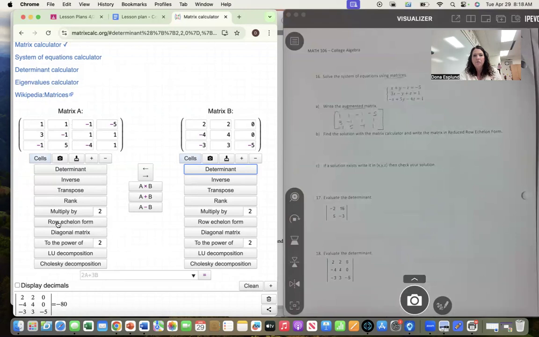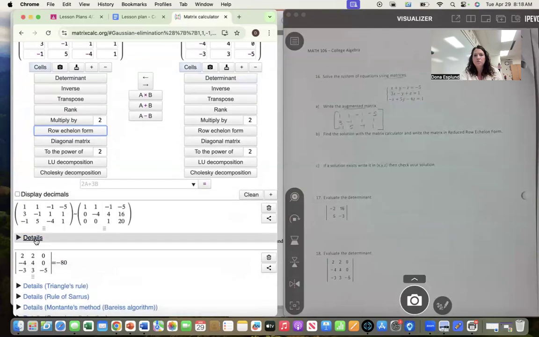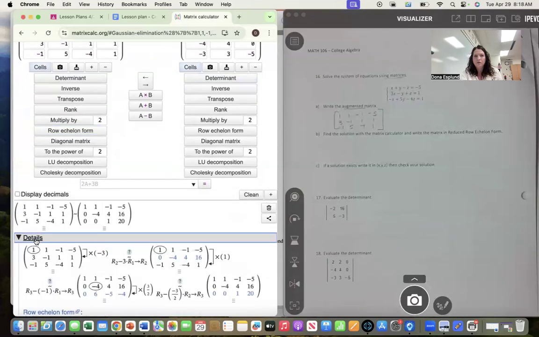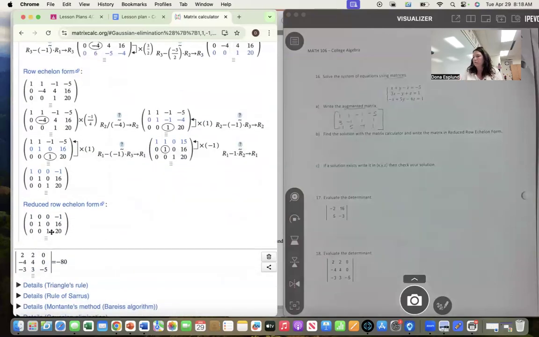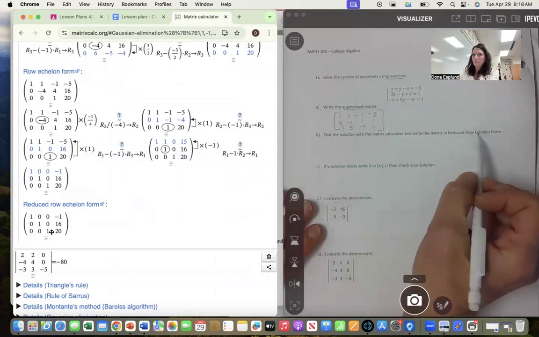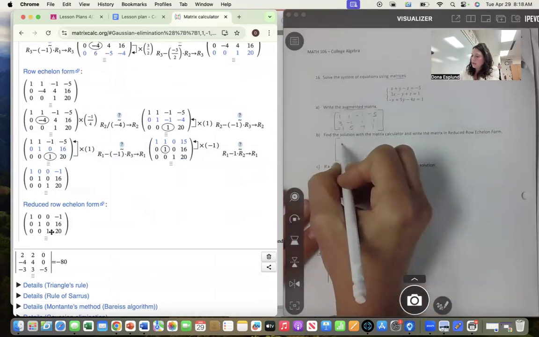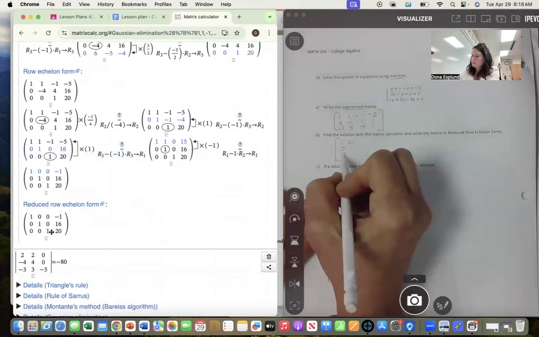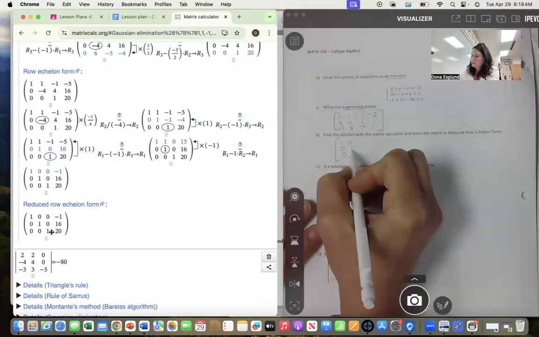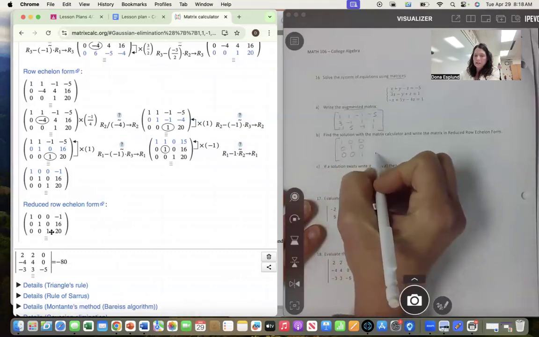Then you need to look for the row echelon form. And your review says they want reduced row echelon form. So I need to click on details and scroll down, because I need the reduced row echelon form, where they have actually simplified it. So it goes 1 0 0, 0 1 0, 0 0 1, and then in this case there are numbers.